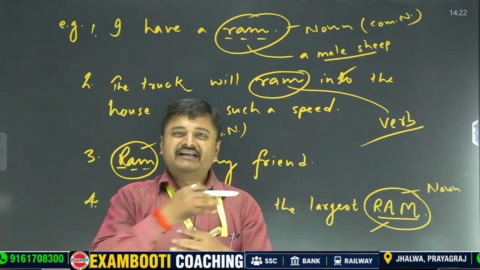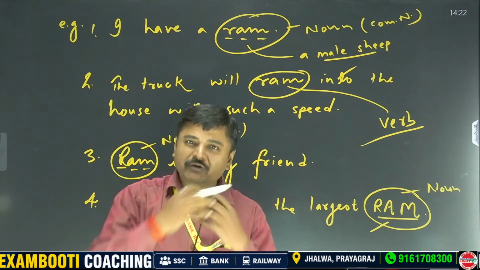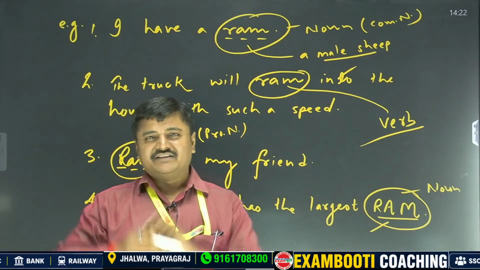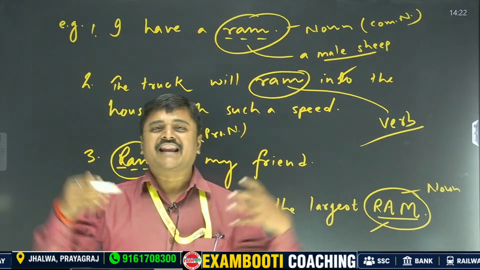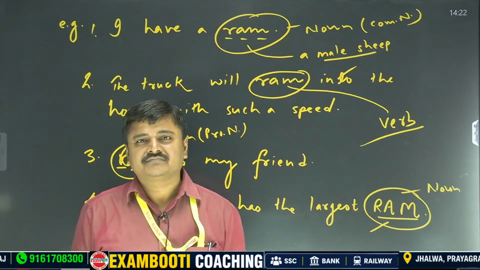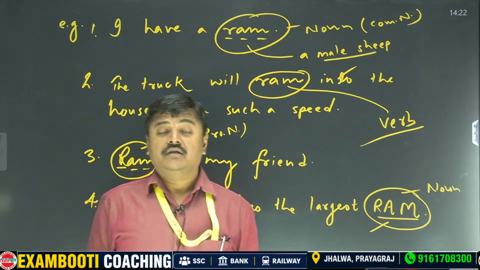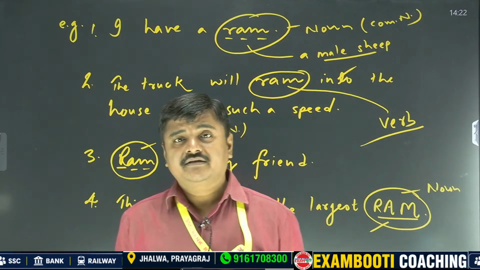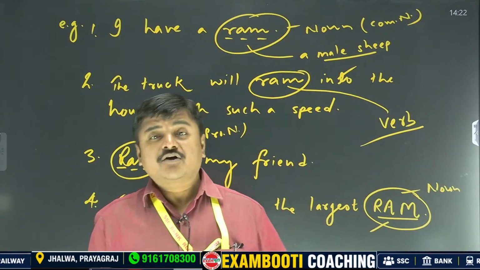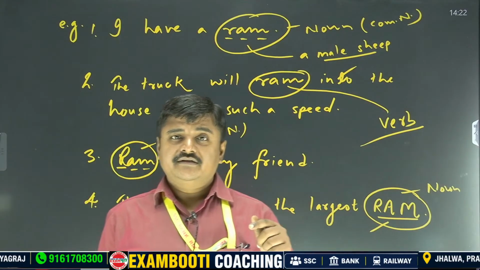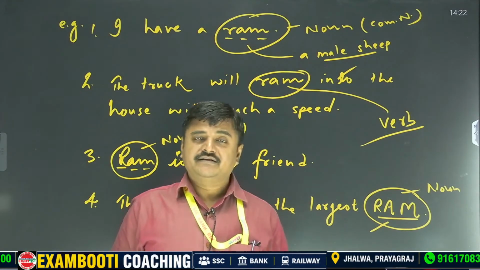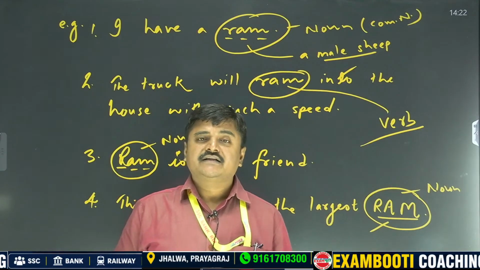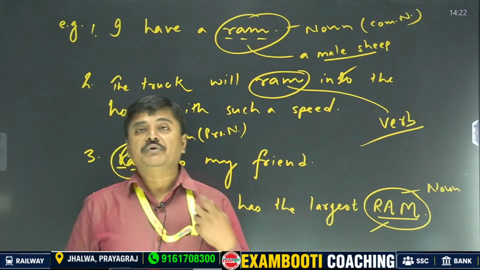It will hit, the house will collapse, and the truck will get into it. This all means ram. So the same word in verb, different. In noun, as a common noun, different. As a proper noun, different. In all the four sentences, different meaning altogether.